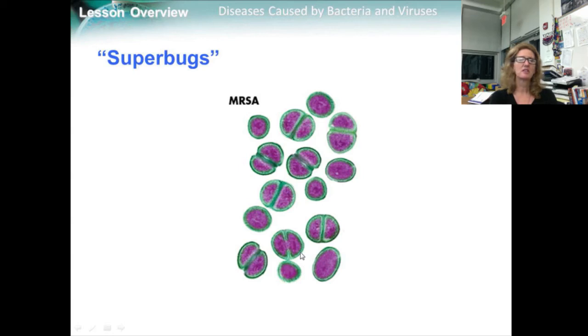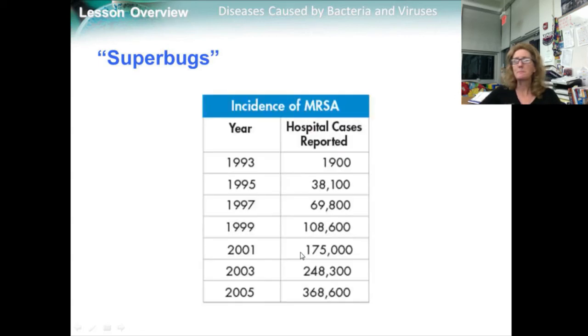MRSA skin infections can spread by close contact, including the sharing of personal items such as athletic gear, and are especially dangerous in hospitals, where MRSA bacteria can infect surgical wounds and then spread from patient to patient. Infection by MRSA can be very serious or fatal for people in hospitals and nursing homes who have weakened immune systems. This table shows the incidence of MRSA infections in U.S. hospitals during a 13-year period. They have certainly been on the rise, haven't they?